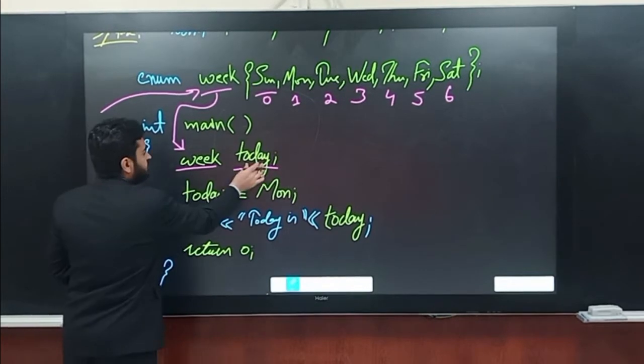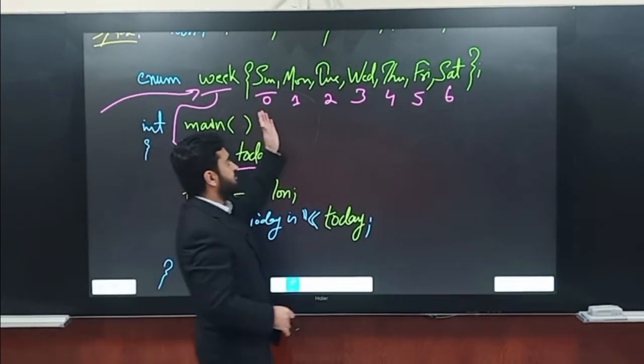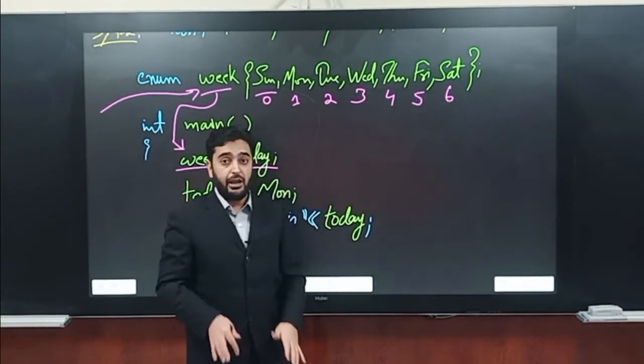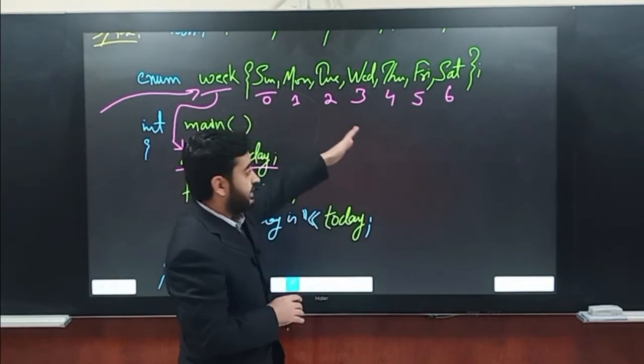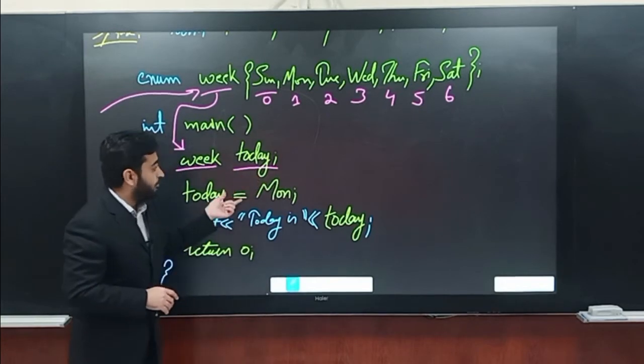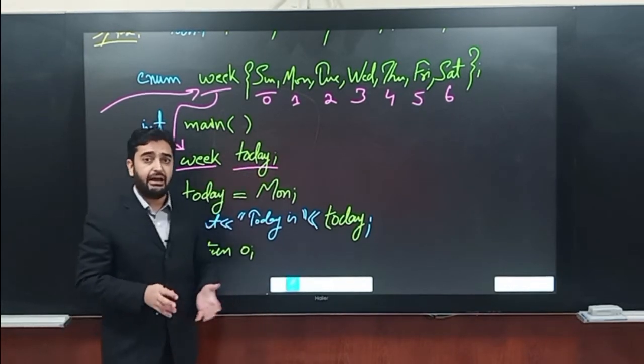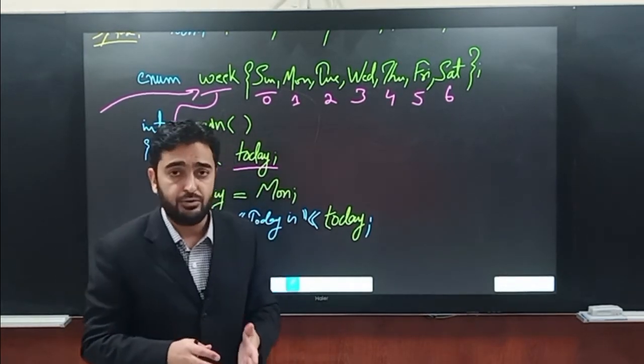Now this variable will accept values from this set of values only, and if you try to assign a value other than the values defined in the set, the compiler will generate an error and you will not be able to compile your program.